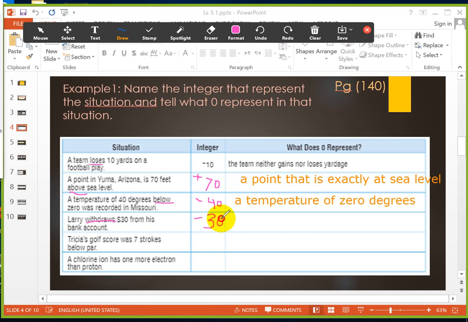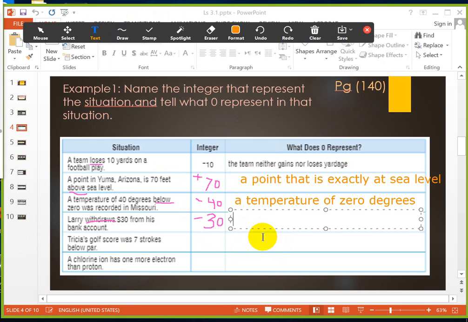That means the bank account decreased by $30. Now, what does the zero represent in this situation, in the bank account?